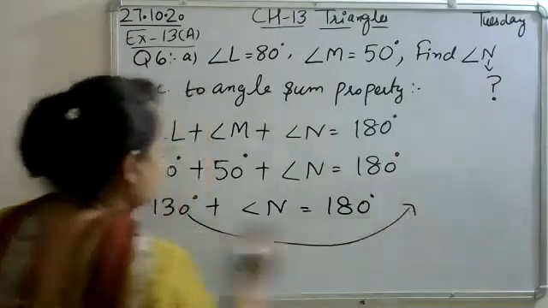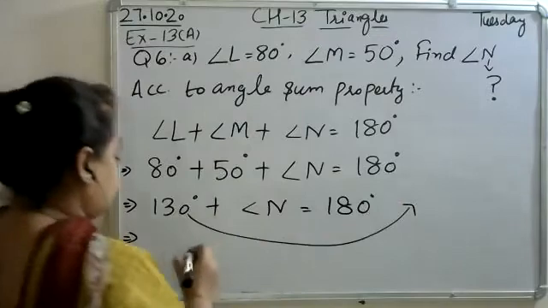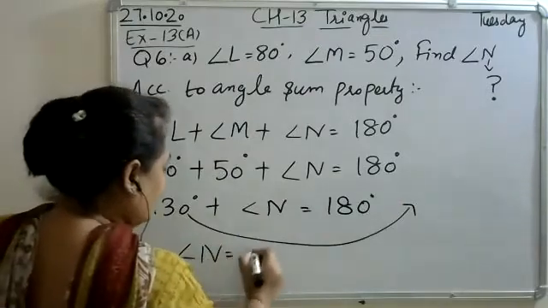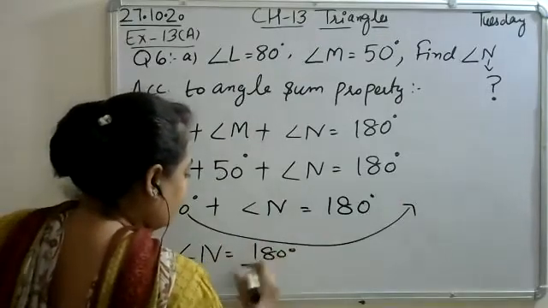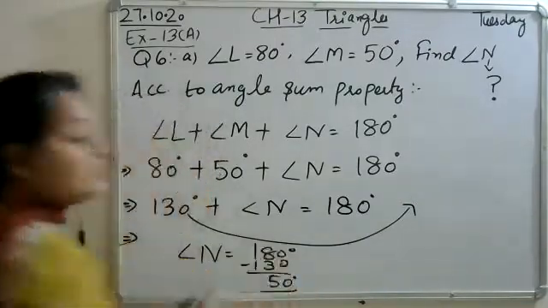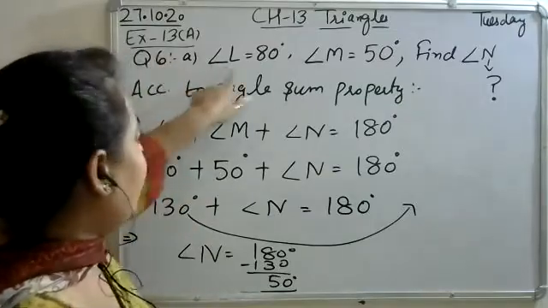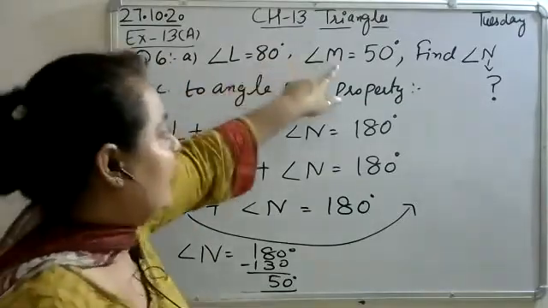And when you shift, this 130 will change to minus. So angle N is equal to 180 degrees minus 130, and you will get 50 degrees. So this is the way to solve the sum. First of all, angle L is given, angle M is given.